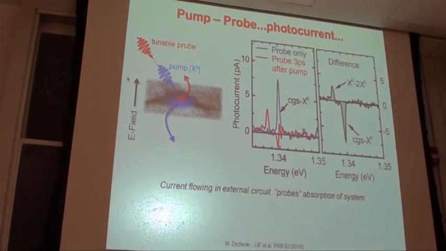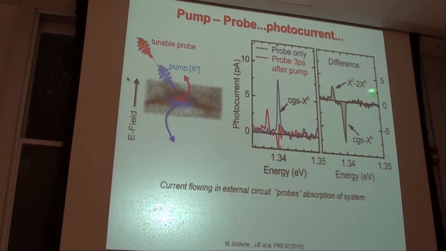It's new absorption which appeared because I pumped the system. And if I see a negative going signal, that's bleaching. It's an absence of absorption because I pre-pumped the system. And I'm going to show you we can actually directly measure the coherence of the spin by measuring the amplitudes of these currents, either the induced bi-exciton absorption, 2 electrons and 2 holes, or the bleaching of the exciton absorption.